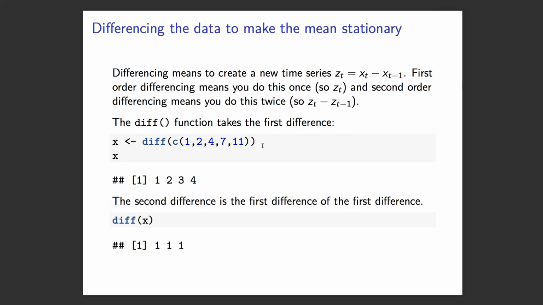The second difference is the difference of the first differences, and in this case it becomes 1, 1, 1. You don't really see differences greater than 2, and typically I only see first differences, or at least those are the most common.